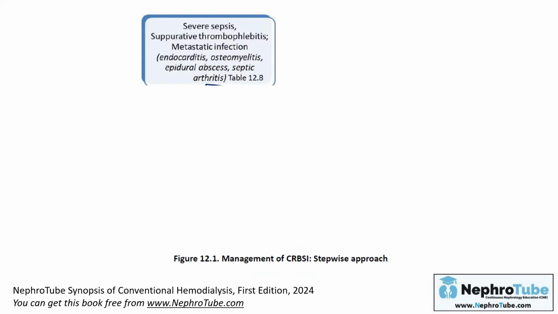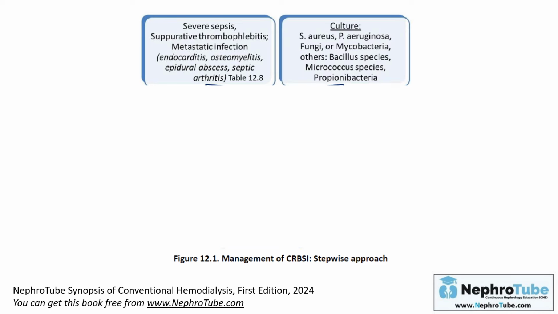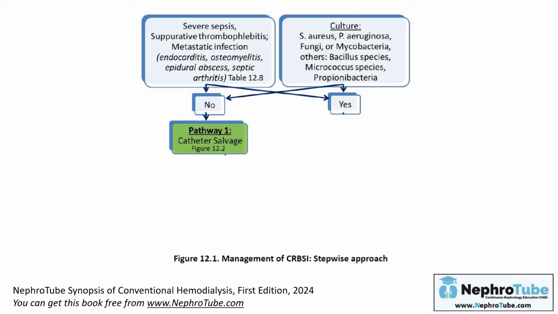How to manage? First, we have to check if there is severe sepsis in the patient, suppurative thrombophlebitis, or metastatic infections. Also, we have to check the culture results for any of these organisms. The answer is yes or no. If no, there is none of these complications and none of these organisms in the culture, then we will go through what is called the catheter salvage pathway, and I will talk about it within minutes.